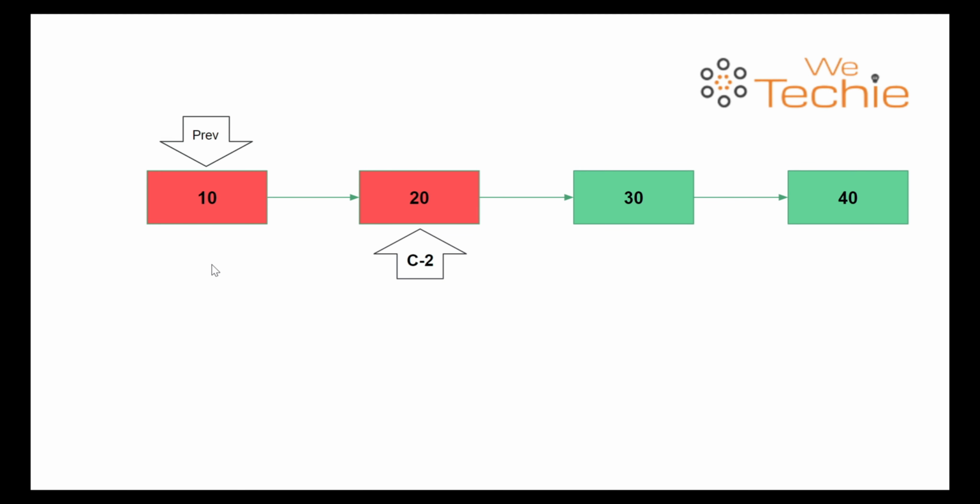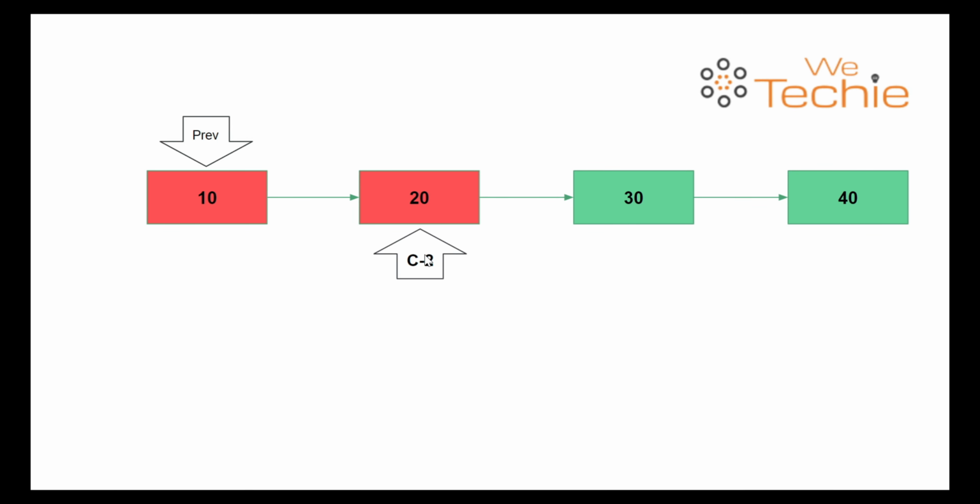And now you can see previous is pointing to the first node of the single linked list, which is 10, and current is pointing to the second node, and the counter value becomes 2 because currently we are on the second location of the list. So this counter value is not equal to the location value.